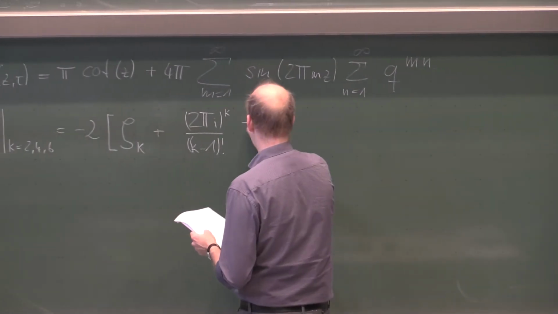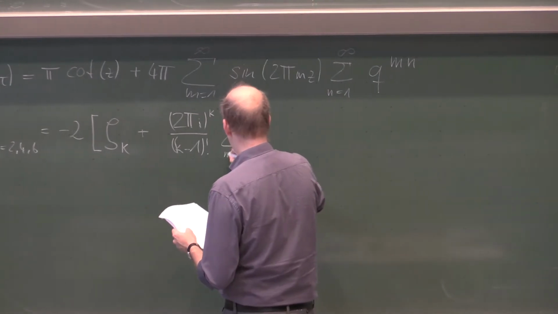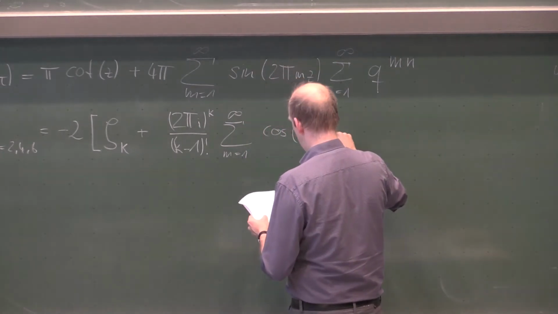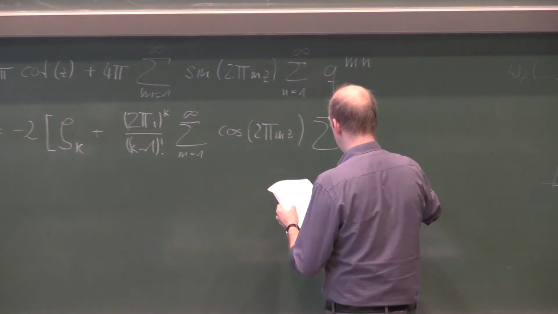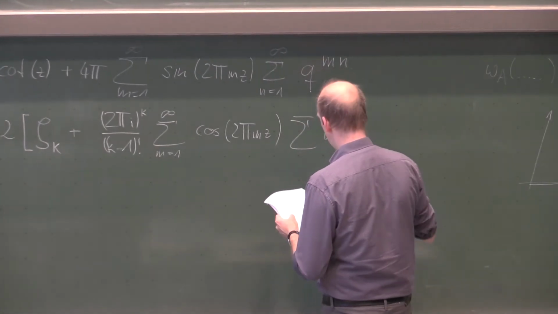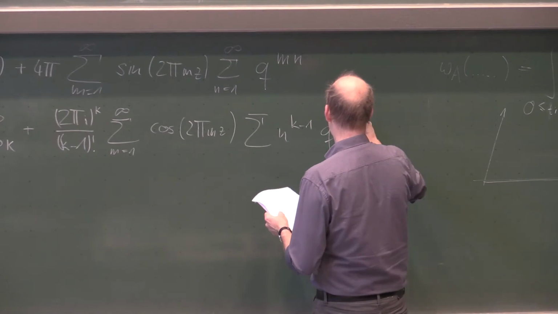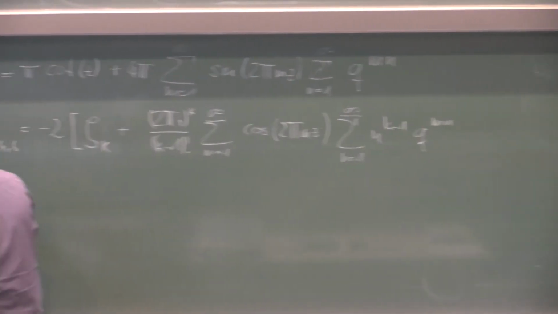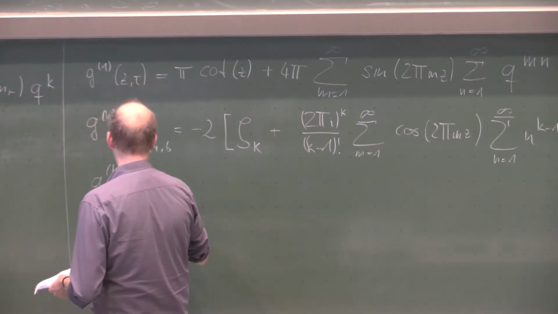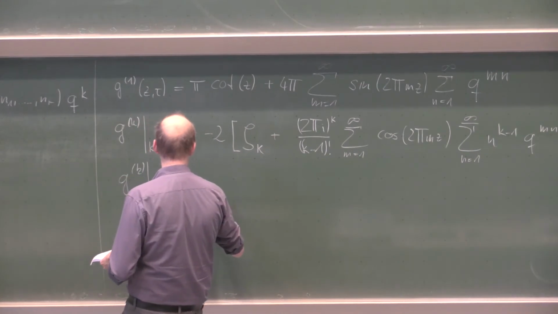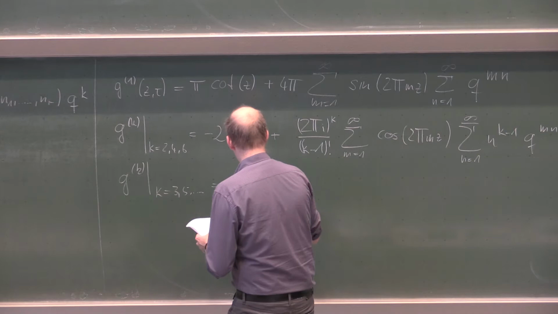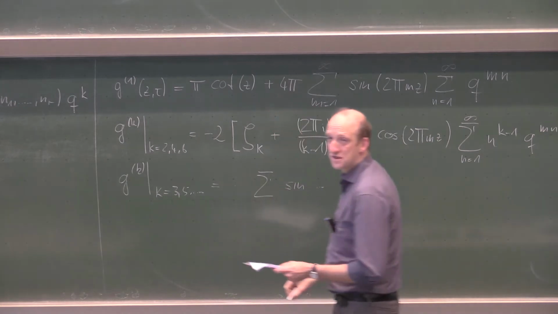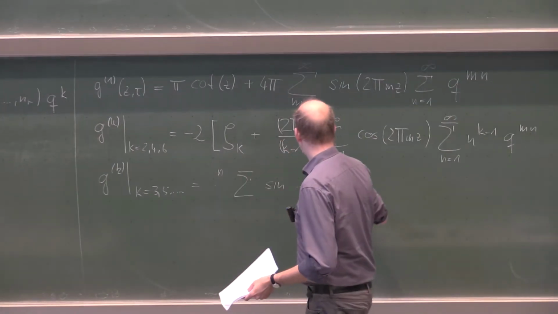And then there is a sum over m equal 1 to infinity, now with the cosine 2 pi m z, and another sum with a weighting factor n to the k minus 1, q to the mn, and another version which I will not completely write down, for k equal 3, 5, and so on. And this is just a sum over a sine function, no zeta value here. So I'm just paraphrasing it.